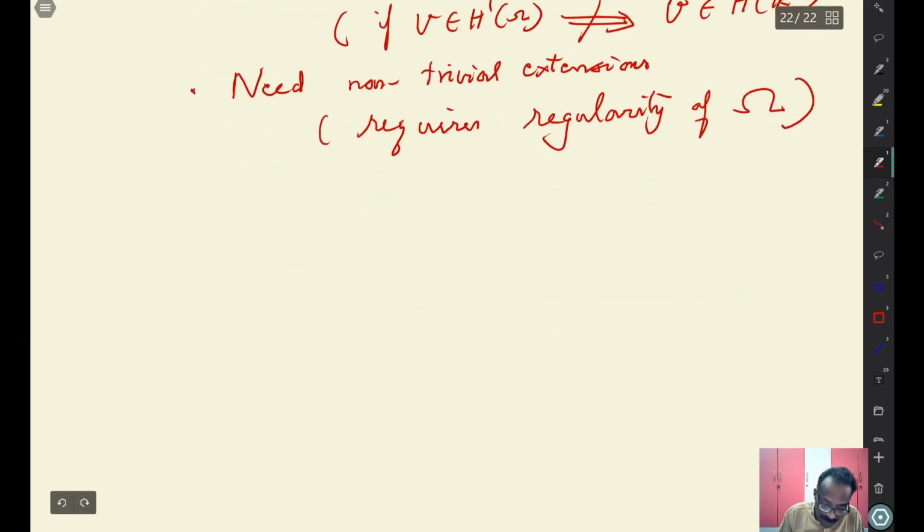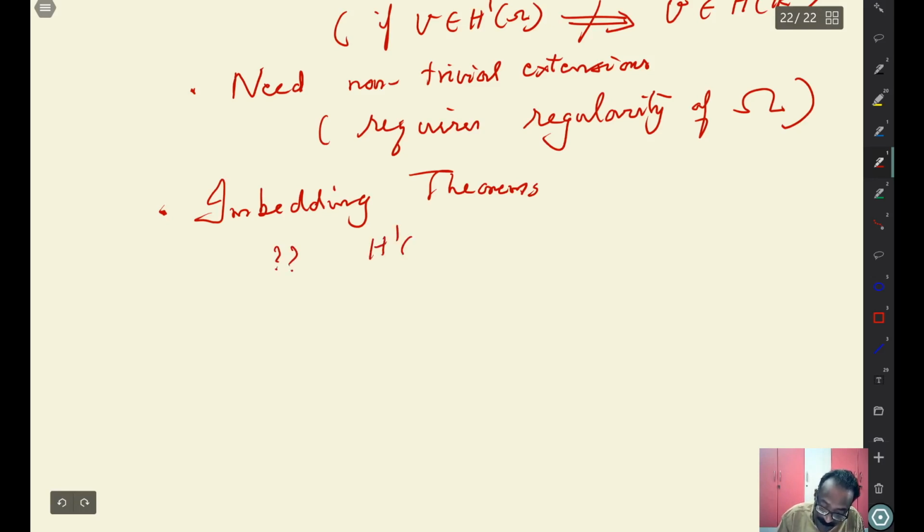And as a last point, what we call embedding theorems, which I don't want to go into much here. You need them because you want to prove whether a weak solution is a classical solution. The question is: can H1 be contained in the continuous functions?